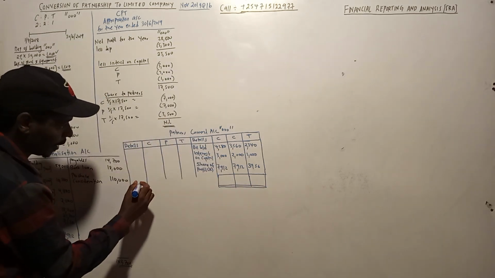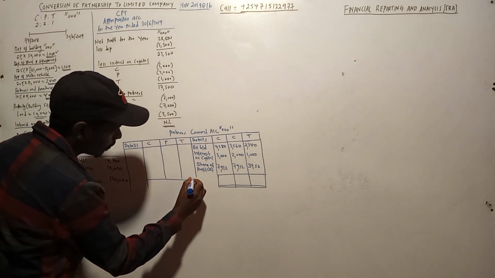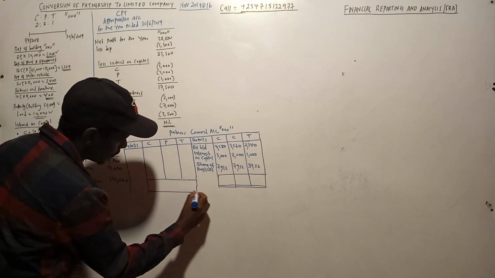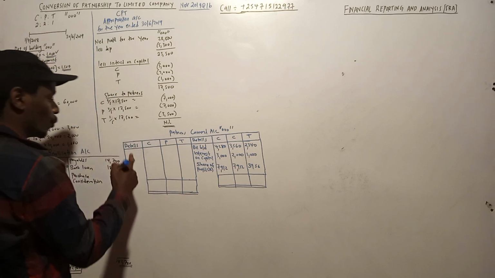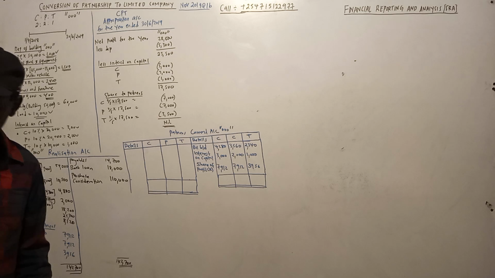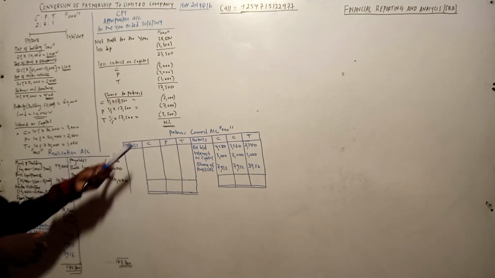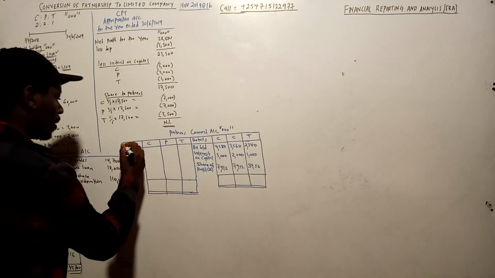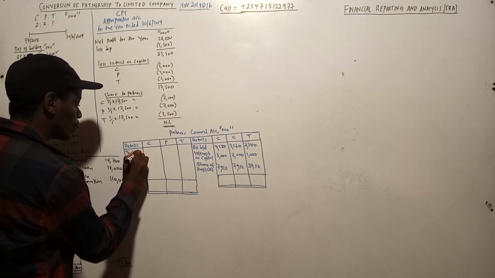We don't have any other account affecting the debit side, like drawings. So the balance goes to the capital account.